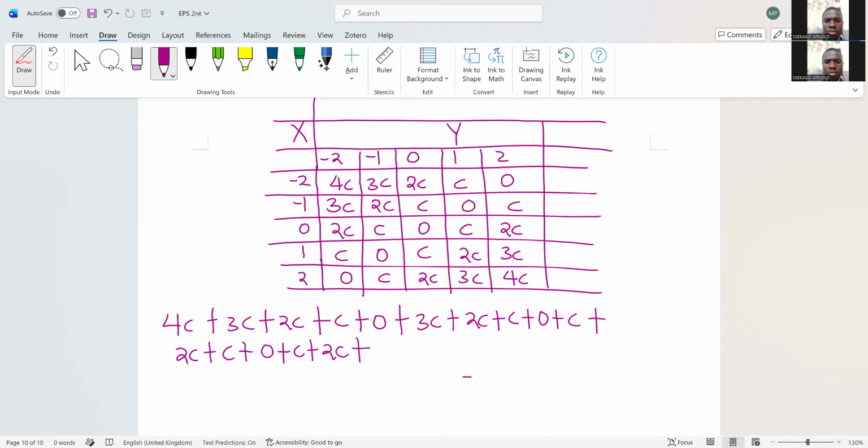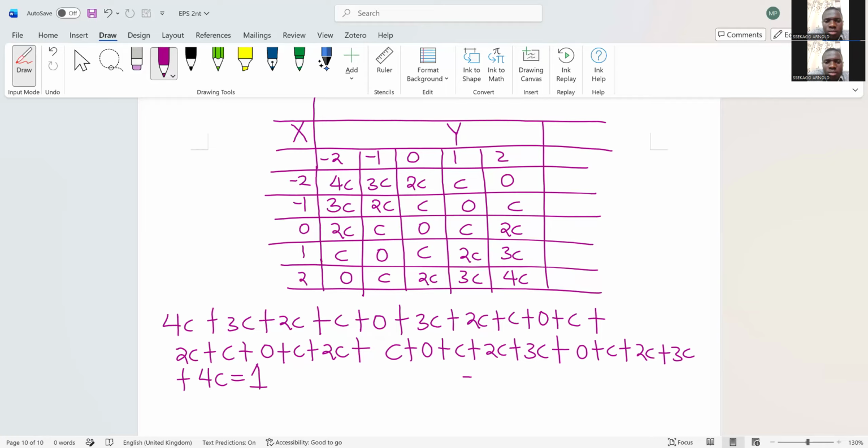Fourth row, C plus 0 plus C plus 2C plus 3C. Then 0 plus C plus 2C plus 3C plus 4C, equated to 1.